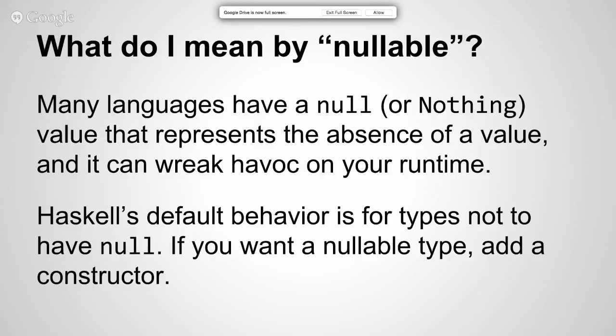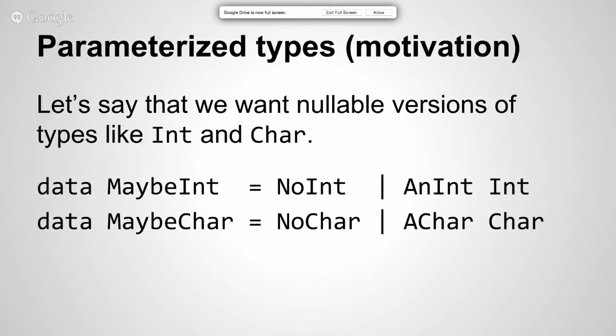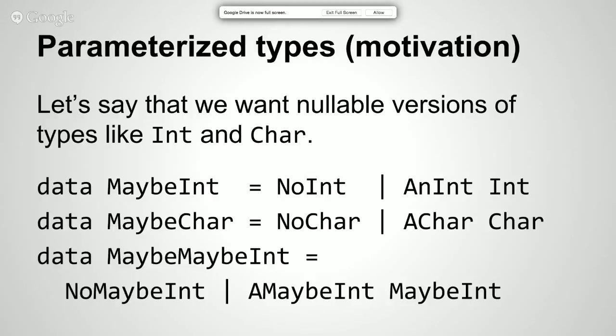Haskell's default behavior is that a type shouldn't have null. And if you want a nullable type, then you add a constructor to it, as we've done here. We have Maybe Char is No Char, or a Char of Char. But that gets tedious, because when you want Maybe Int, you're defining another data type. If you're a Go programmer, you're stuck doing that because Go doesn't have generics.